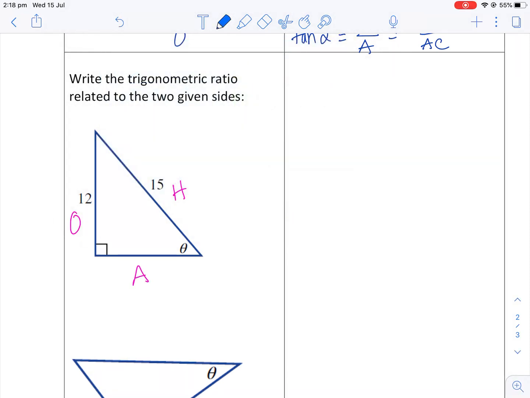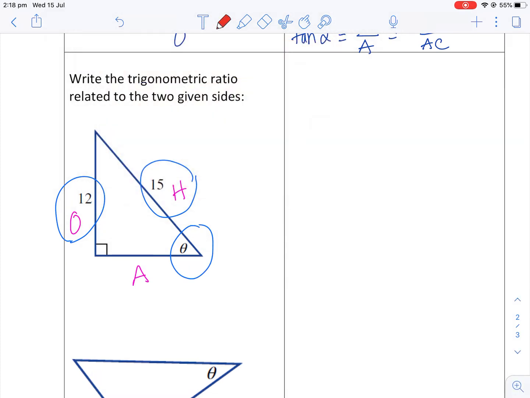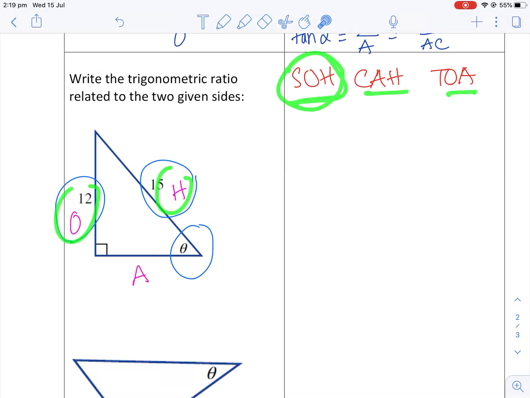You can see here they give you the measurement of H, the measurement of O, and this angle. Now, if I write down the trigonometric ratios, they are sine, cos, and tan. So which one has O and H? This one, sine.